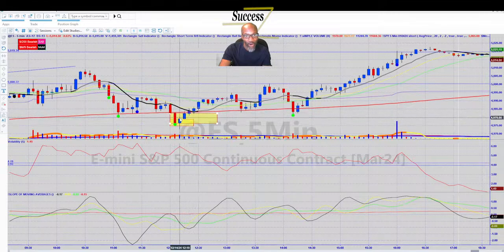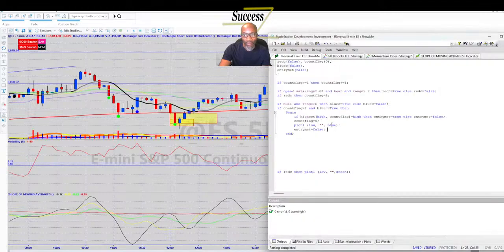The flag overtook the signal bar. So this should be turned off.